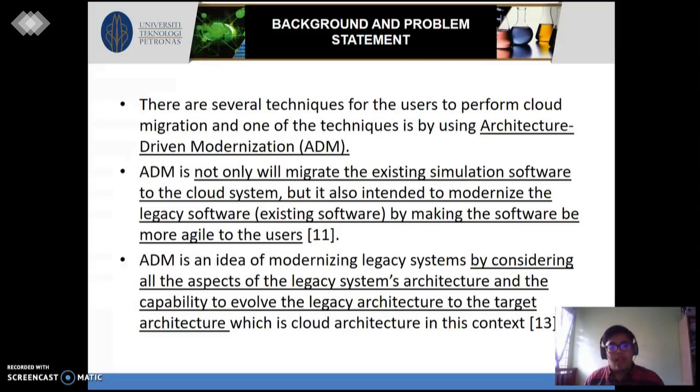ADM is an idea of modernizing a legacy system by considering all the aspects of the legacy system architecture and the capability to evolve the legacy architecture to the target architecture.